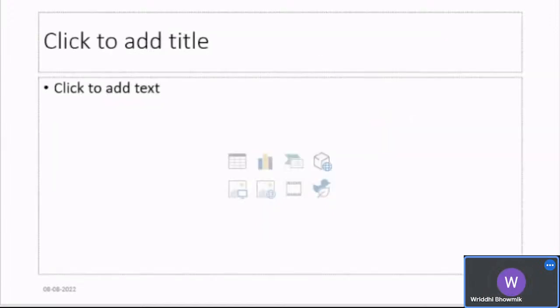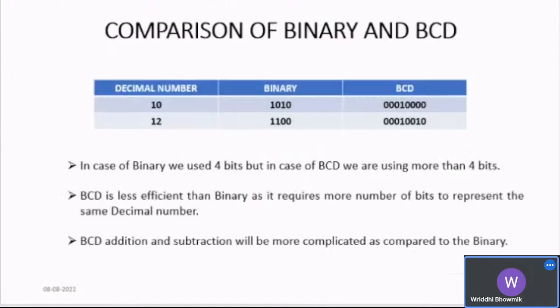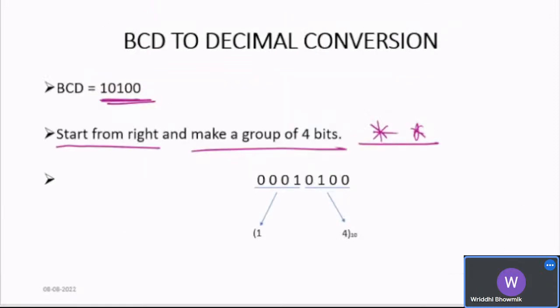So you have 10100. You will start from this side, the right, and you will make a group of 4 binary bits.